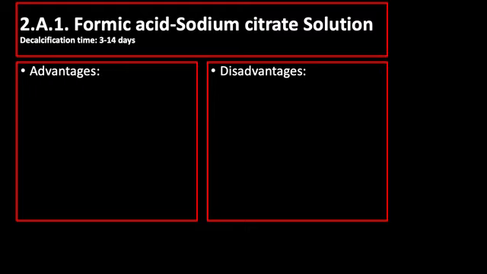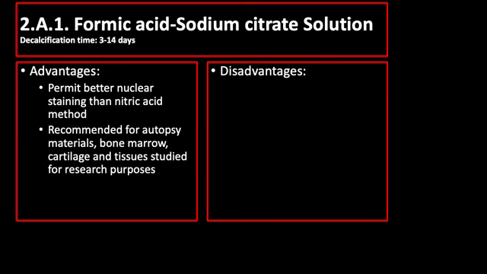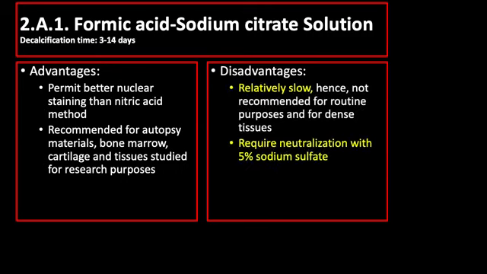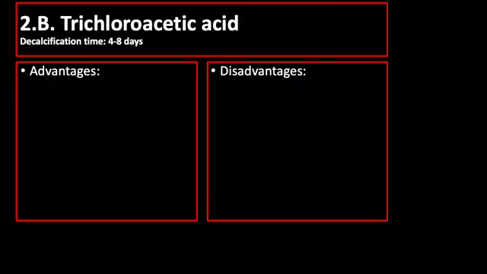Next formic acid preparation is formic acid sodium citrate solution, which has a decalcification time of 3 to 14 days with the following advantages and disadvantages. Next weak acid is trichloroacetic acid with a decalcification time of 4 to 8 days.